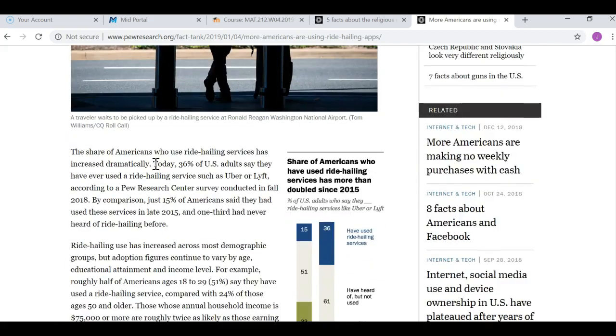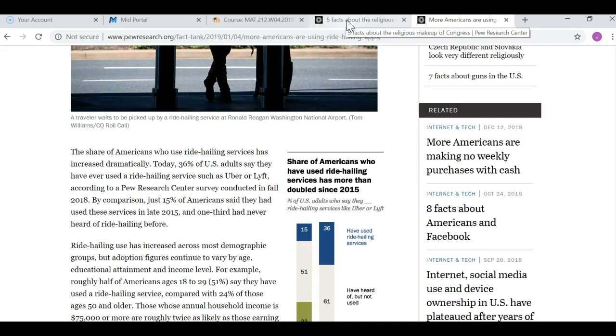It says today 36% of US adults say they have used a ride-hailing service such as Uber and Lyft. Again, would that be descriptive or inferential? Clearly, that's going to be inferential because they probably didn't survey every adult in the United States. They're inferring results from some sample they did onto all US adults.